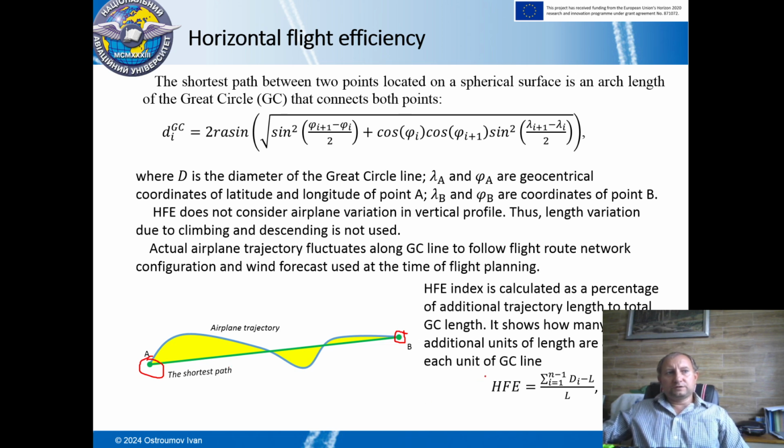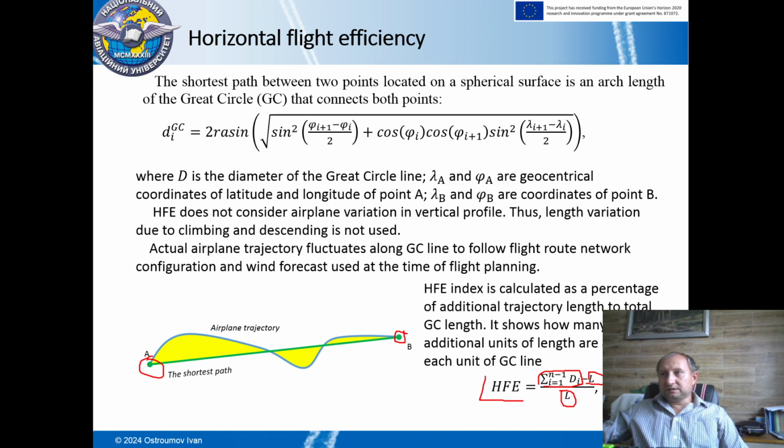And usually we use the following formula: horizontal flight efficiency is equal to the total flight length, or total trajectory length, minus the shortest path length, divided by the shortest path length.